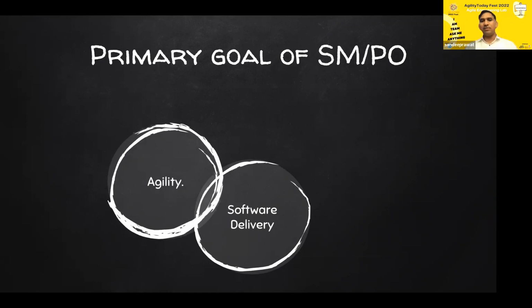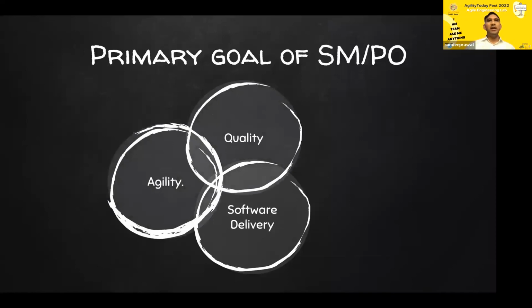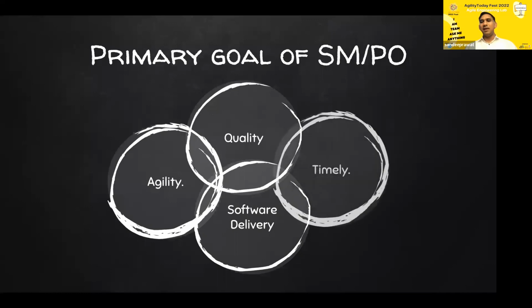So we should achieve the required agility, but agility alone will not ensure that you have software delivered. Let's say you have agility, but the outcome of a particular release or sprint is not of quality, then it is of no use. So quality is another important factor. And let's say we had agility and quality, but we are not releasing on time due to some reason, then it also loses its significance.